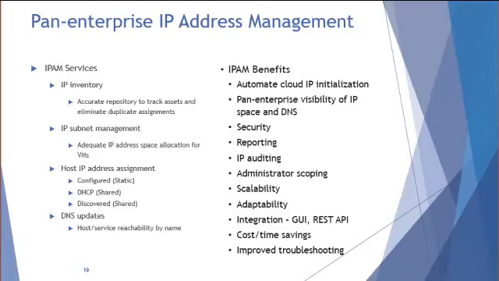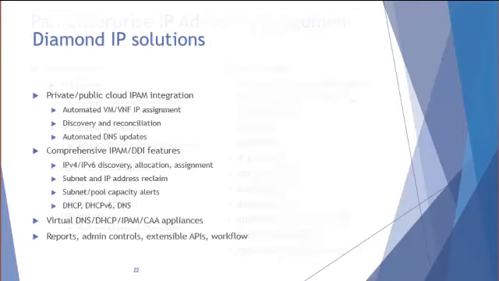Today we've got the enterprise, the private cloud, we're moving into public cloud, as I mentioned, automated VM, VNF IP assignment. So through the cloud automation appliance, this can be greatly facilitated in terms of tying in the IPAM assignment with your overall cloud instantiation VM processes.